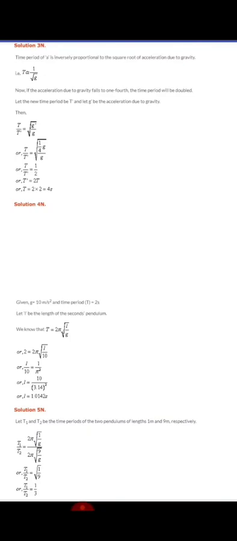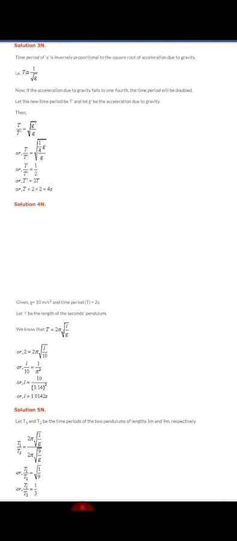Now if we see the first formula, T is inversely proportional to root G. So T and root G, one is in numerator, another one is in denominator. If I take T dash in the denominator, then root of G dash will be in the numerator.